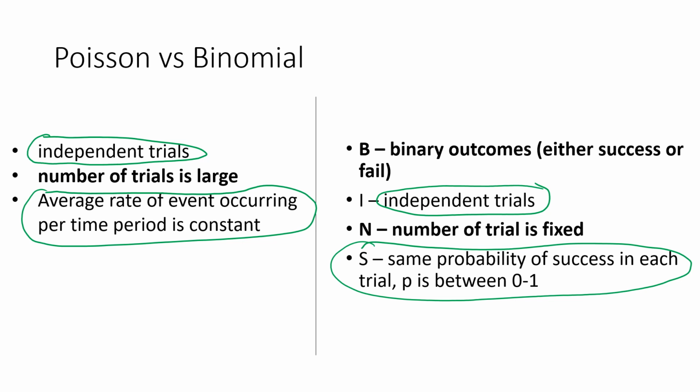So the probability of success is the same and the probability of failure is the same throughout every trial. The differing point here, though, is the number of events. The number of trials for Poisson is large, and we assume it's large, whereas the number of trials for binomials is fixed.